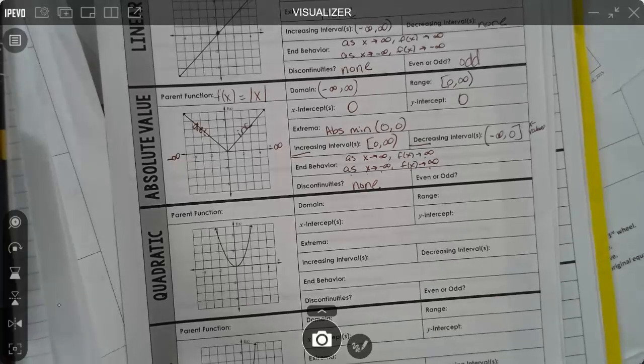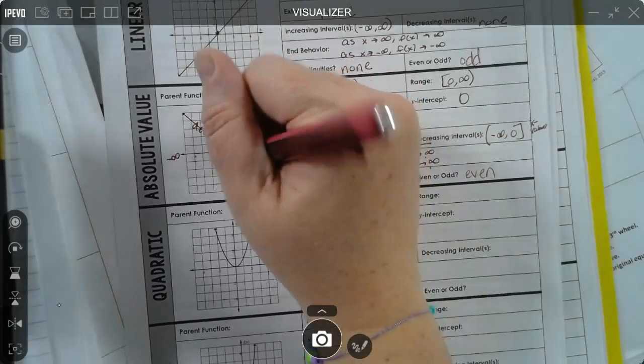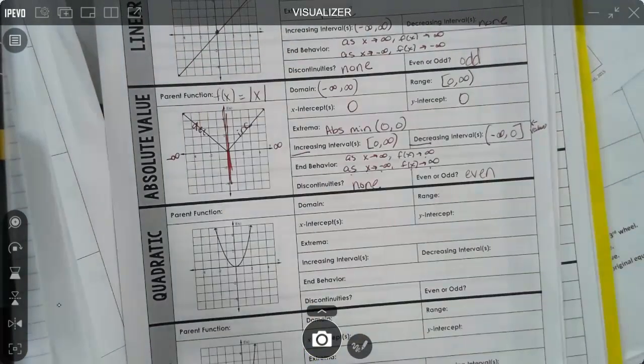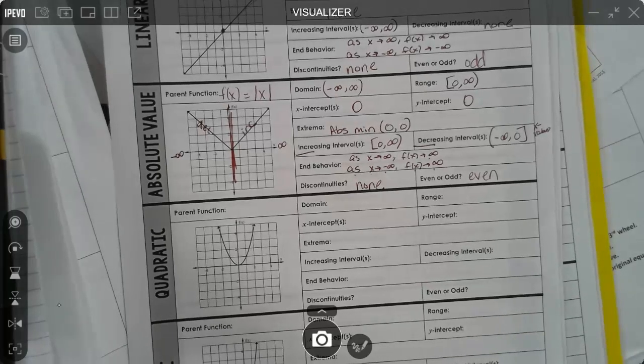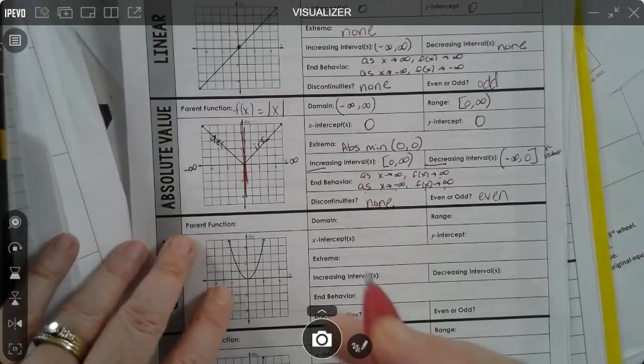It's even. How do you know it's even? This is like a mirror. So you could do that. Did y'all hear the question? What happens if you try to do it algebraically?